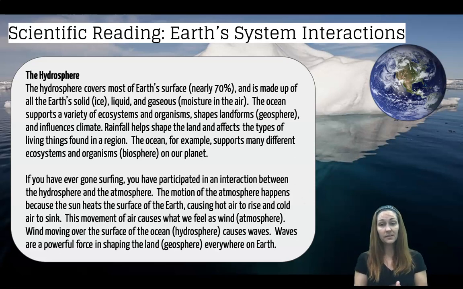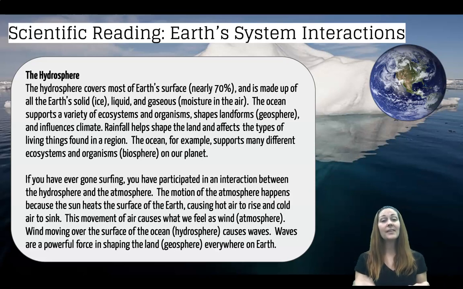So rainfall does interact with our geosphere, right? Rain coming down a mountain carves different paths. Our hydrosphere are rivers, right? Carving out paths in mountain valleys. So it interacts, and that always affects the biosphere of things living there, right? Here's an example. If you've ever gone surfing, you have participated in an interaction between the hydrosphere and the atmosphere.